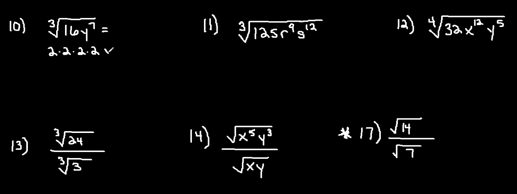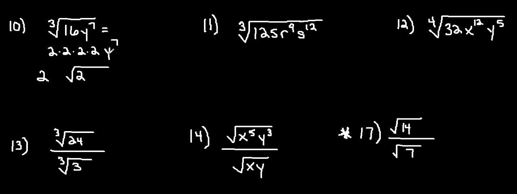And then the y to the 7th, I'm not going to expand that. So let's see, if I have the cube root, for every 3 I'm going to take 1 out of the 2, so I'm going to have 2. And then I know on the inside here I'm going to have a 2. That's this one left over. It goes back under the radical sign.